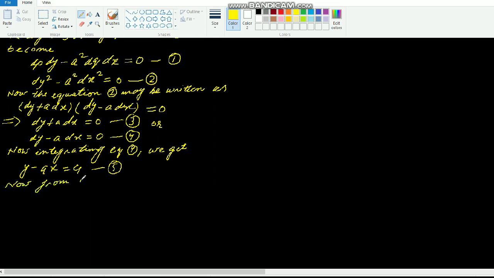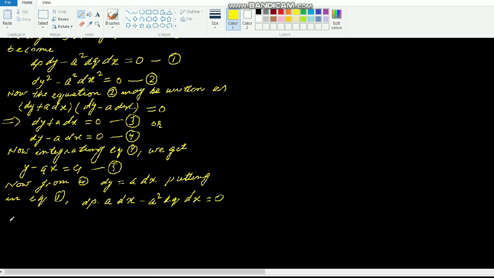Now, from equation 4, dy is equal to a dx. Putting in equation 1, we get dp a dx minus a square dq into dx is equal to 0.